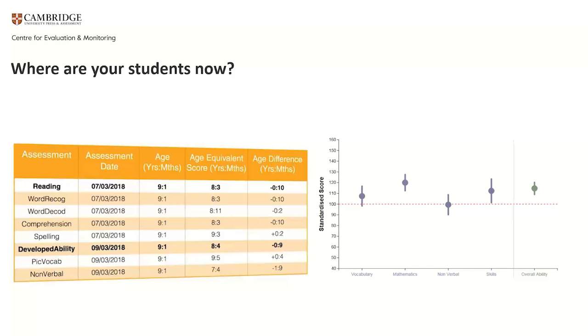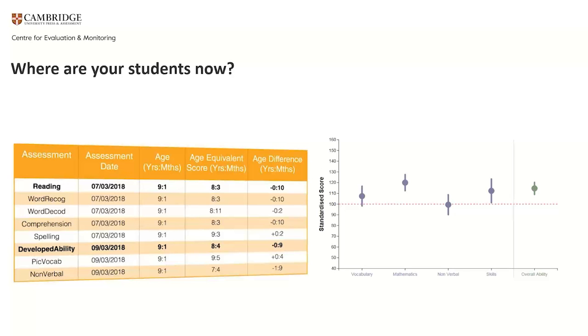And if there's a lot of guessing going on, those error bars, that uncertainty, they grow. So if you see a circle with a very short set of bars on, that means we're fairly certain that was quite consistently answered. If the error bars are a little bit longer, we're not quite so sure that the student was answering in a consistent manner.